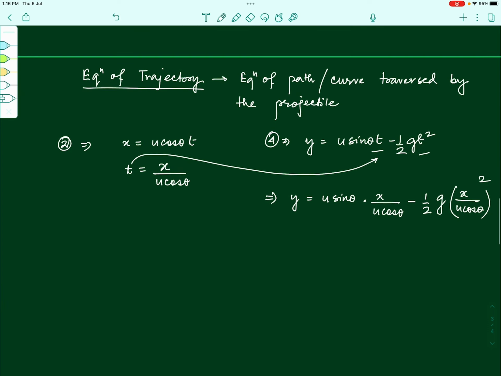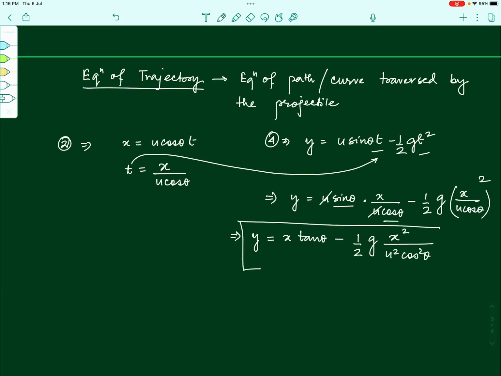We can simplify this equation now. This gives us y is equal to, see that u cancels out, sin theta by cos theta can be written as tan theta. So, we get x tan theta minus half g into x squared by u squared cos squared theta. This is the equation that we are looking for, the equation of trajectory.